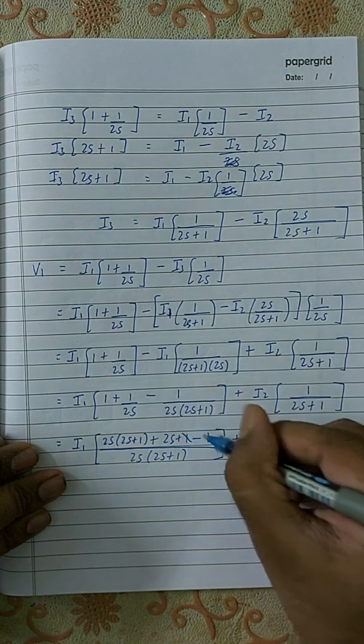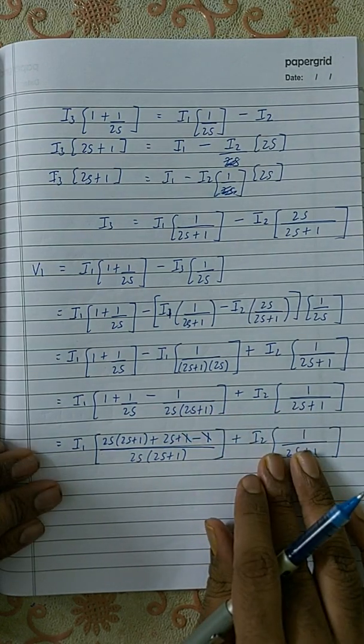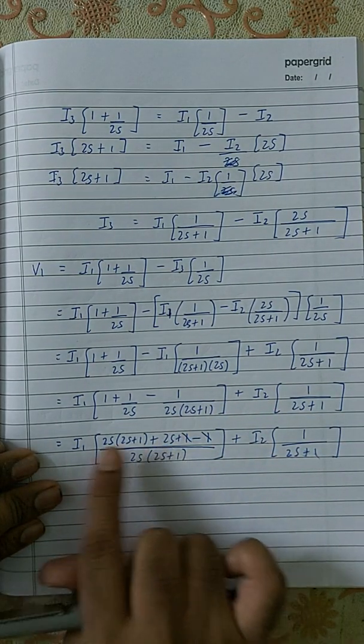So 1 and minus 1 will cancel each other, and also you can take 2s common, right?